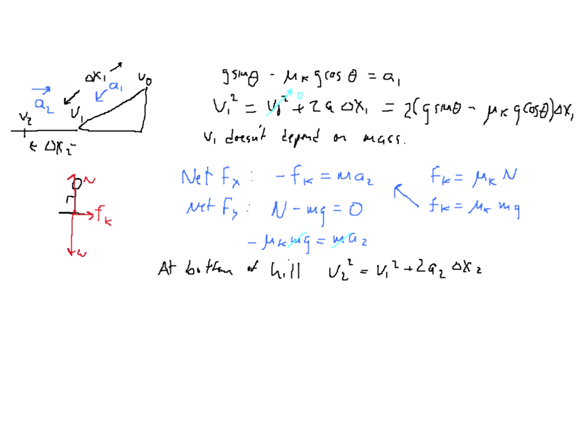And notice up here, let's use the finger, I left it as a squared term. That's because I knew that we were going to be using it as a squared term. I could have said that v1 equals the square root of 2 times that difference there, but I knew that we were going to be using it as a squared term.